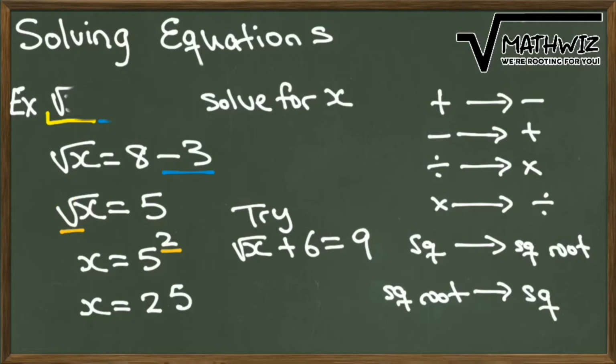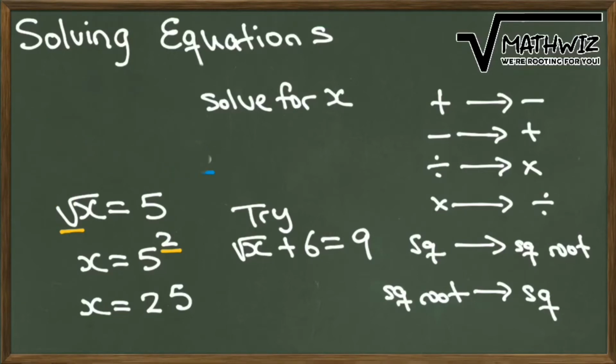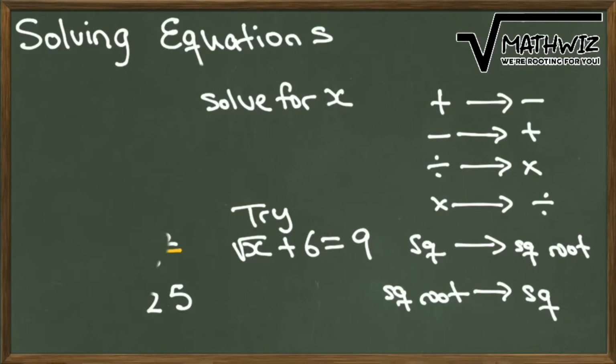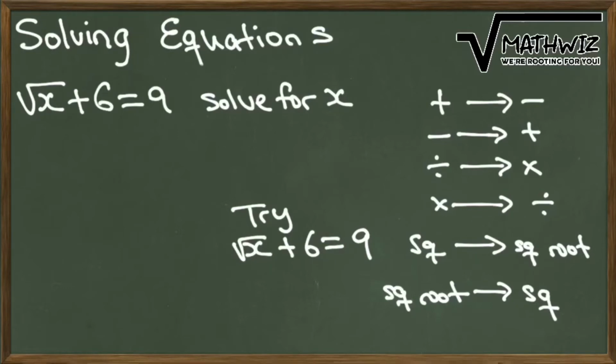So provided you have paused the video and worked that question on your own, good. If not, go ahead and pause it now, try it on your own, and then you can press play for the solution. So we have the square root of x plus 6 is equal to 9. We locate the x, so we're going to move this 6 first. And so we have that plus 6, when we take it to the other side, becoming minus 6.